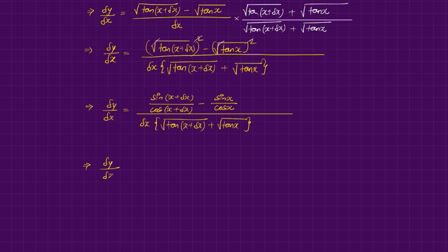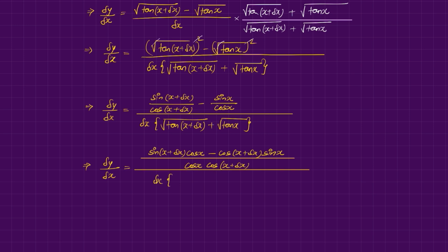We will have del y over del x equals sine of x plus delta x cos of x minus cos of x plus delta x sine of x, whole divided by cos of x into cos of x plus delta x, and whole divided by delta x times, we have 1 here.